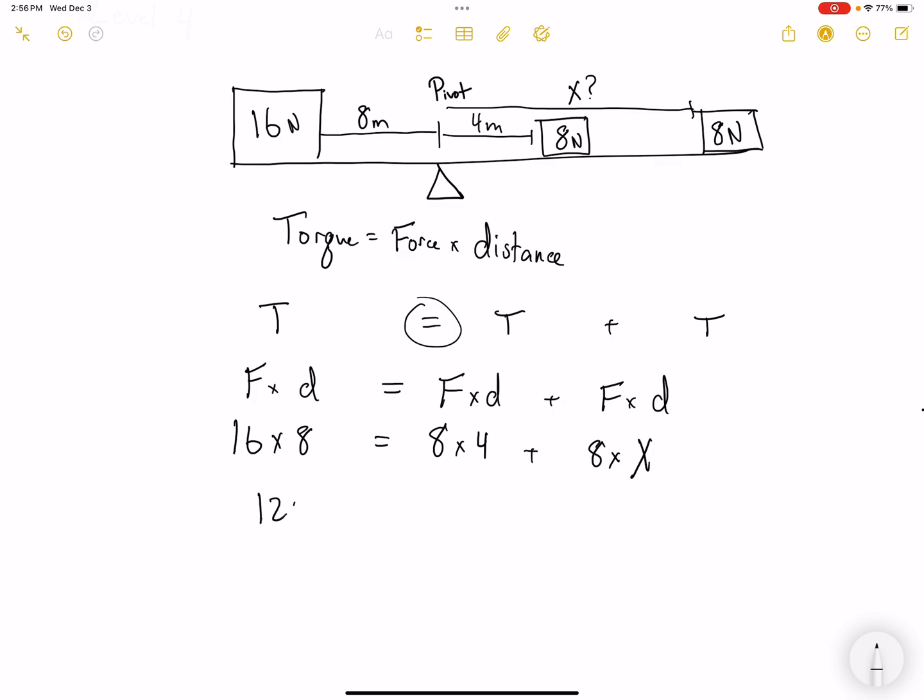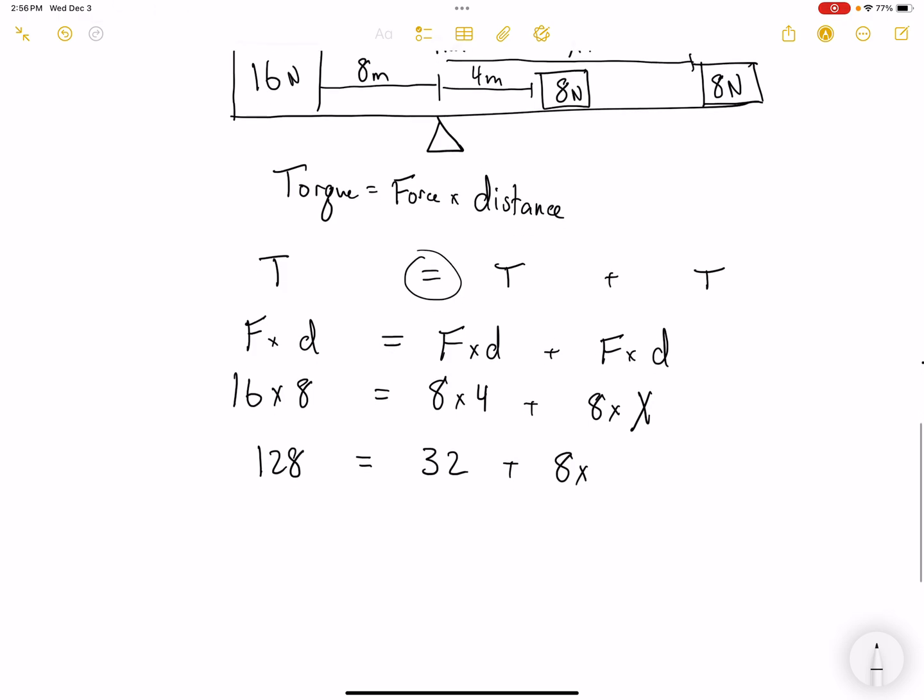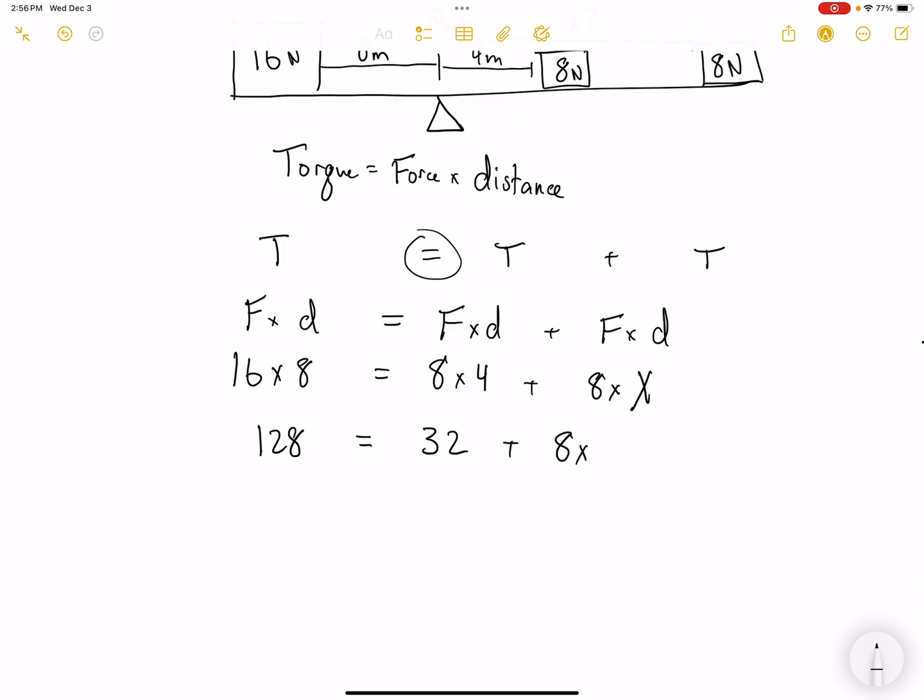I'm going to get 128 on this side. 8 times 4 is 32 plus 8x. So our math is going to get a little bit more complicated. The first thing I need to do, and this is a level 4 problem, so I'd expect it to be a little more complicated, is I need to get the thing with my variable isolated. That means I need to get it on its own.